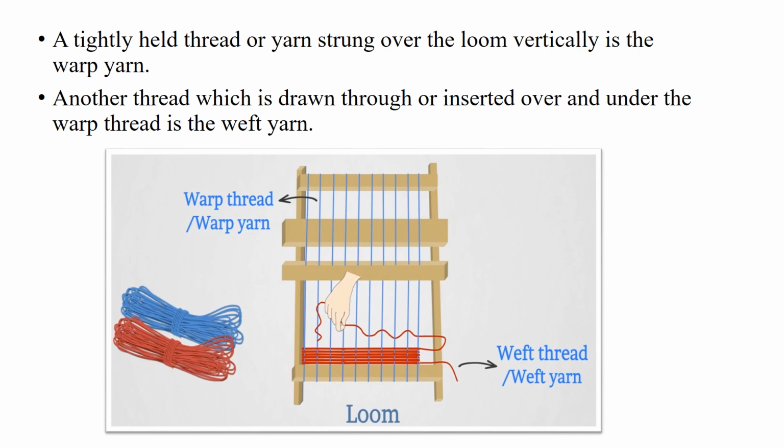Another thread which is drawn through or inserted over and under the warp thread is the weft thread or weft yarn. With weft thread, it is possible to create different patterns and designs in the weave and therefore different designs in the fabrics.